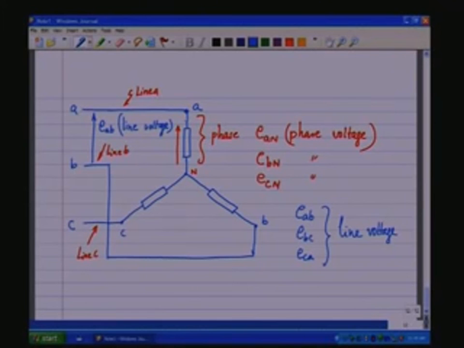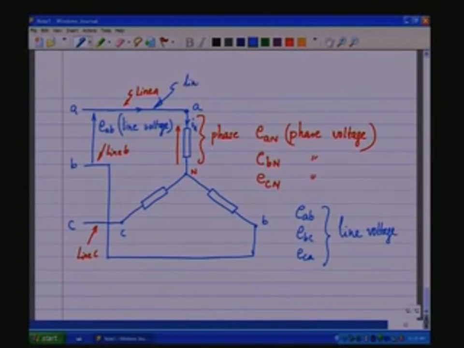The current going through the A to N phase, let us say, this is called the phase current, and the current flowing in the lines are called the line currents.